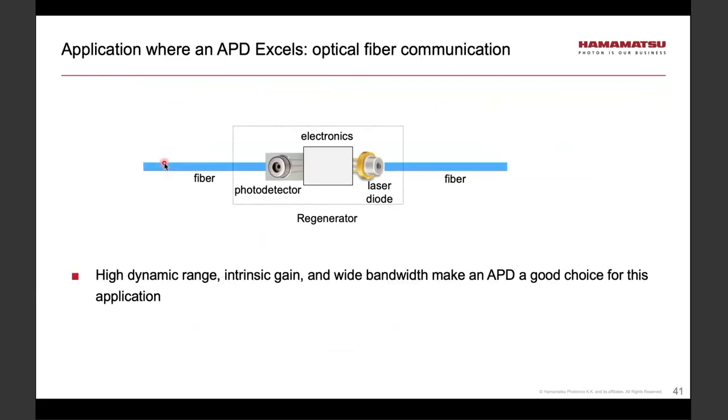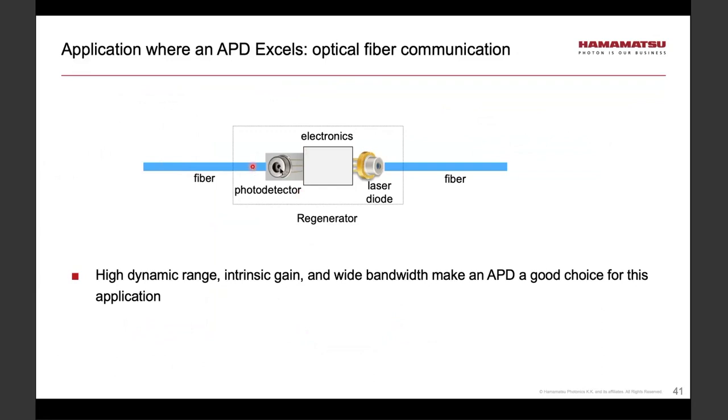Now let's look at APD, avalanche photodiode. Here's an application where it is a good choice. Here, this is a regenerator. We have an optical fiber in which a light signal propagates, but it's weak.